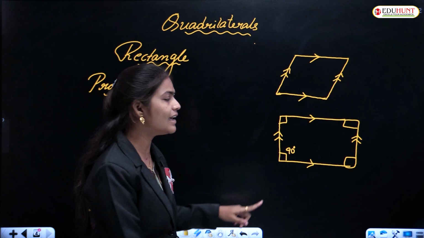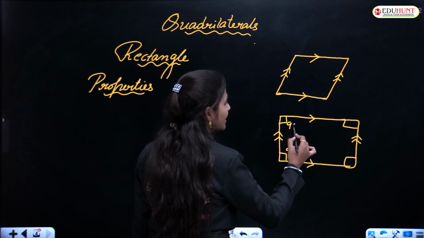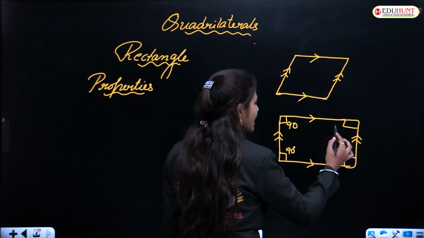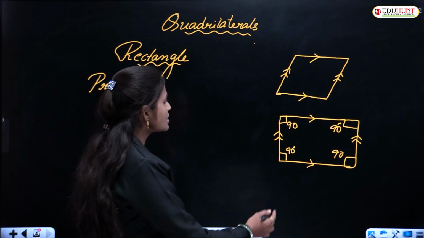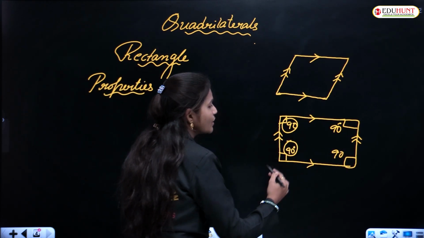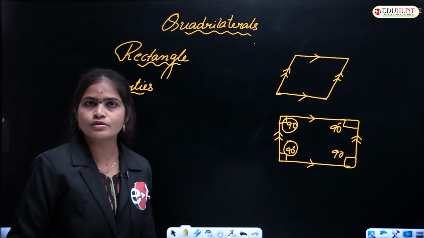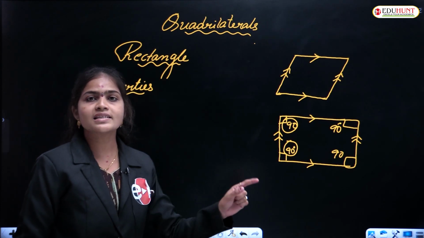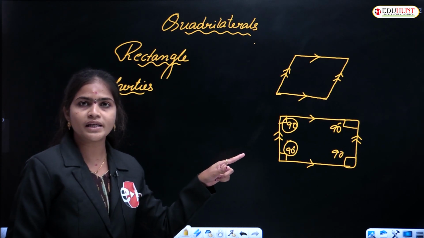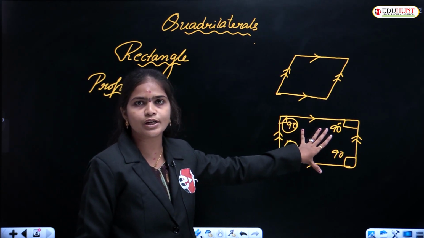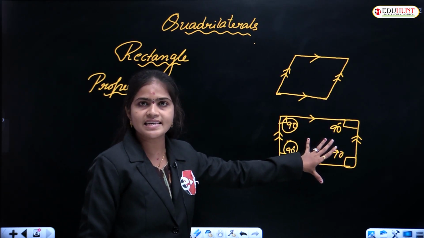In a rectangle also, this is 90 degrees and this is 90 degrees, and these two are also 90. So the sum of any two adjacent angles is 180 degrees, so that is also satisfied. What is the next property we discussed in the parallelogram? Actually the first property is opposite sides are equal and opposite sides are parallel.